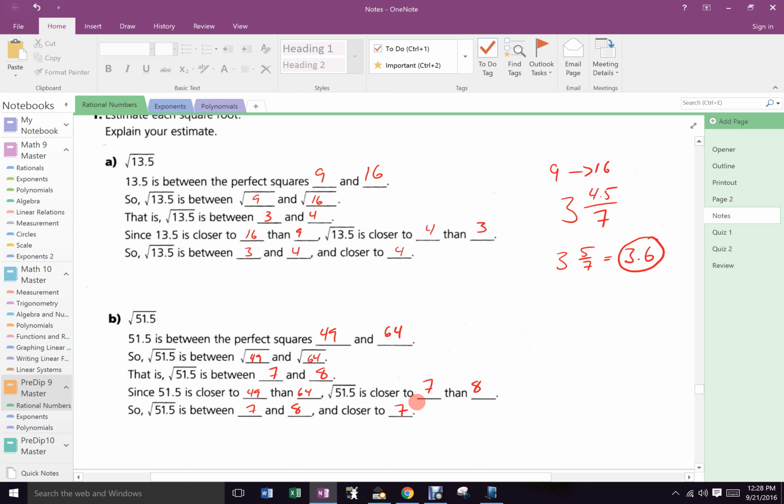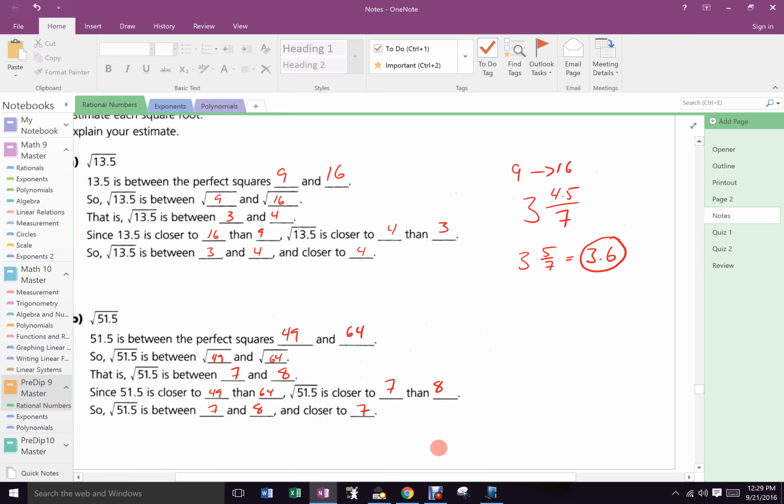Can everybody do the basic bottom of the barrel figuring out of an estimate of a square root? Yes or no? Yes. Excellent. Now, how would I make this prettier? I know that 49 to 64 is how many steps? 15 steps.